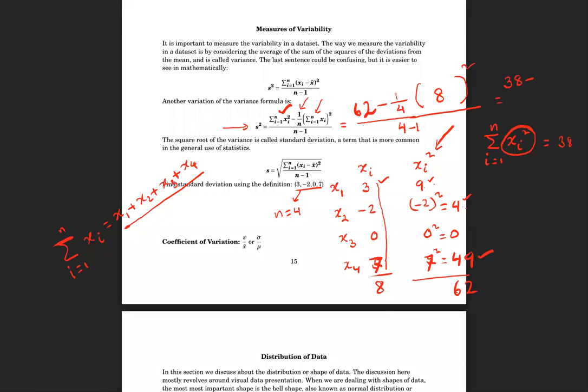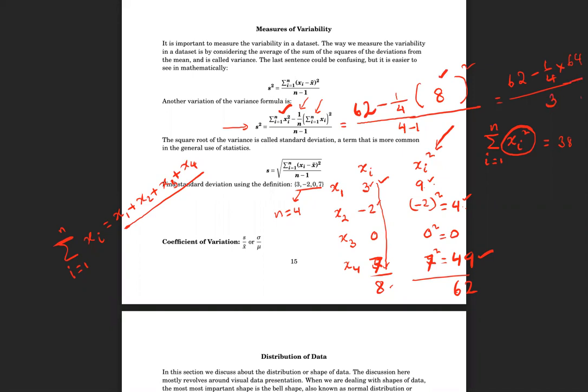All right. So now 3 minus 2 is 1 plus 7 is 8. That's why I get this 8. So let's go ahead and continue with it. So 62 minus 1 over 4 times 64. Do you see that? Because 8 square is 64, divided by 3.